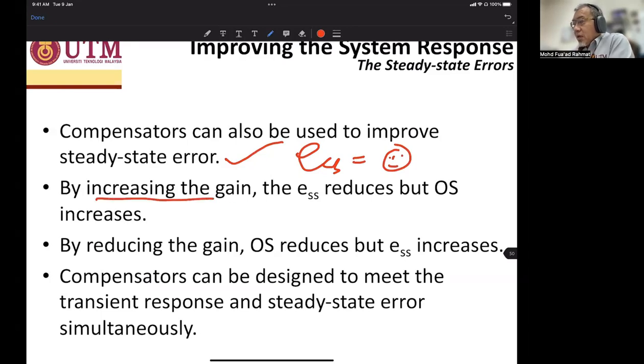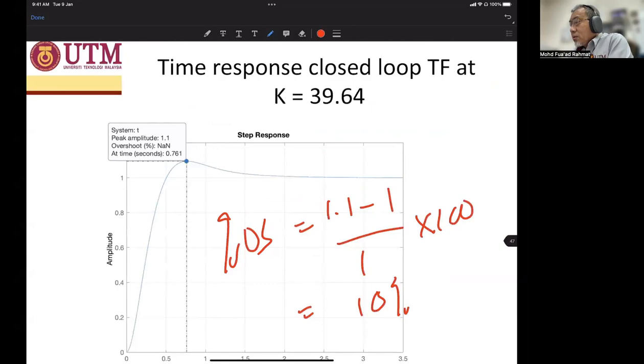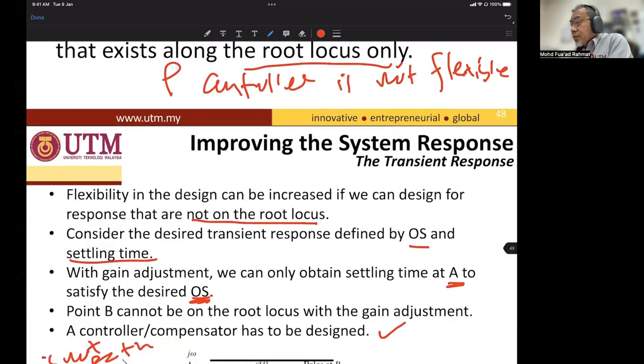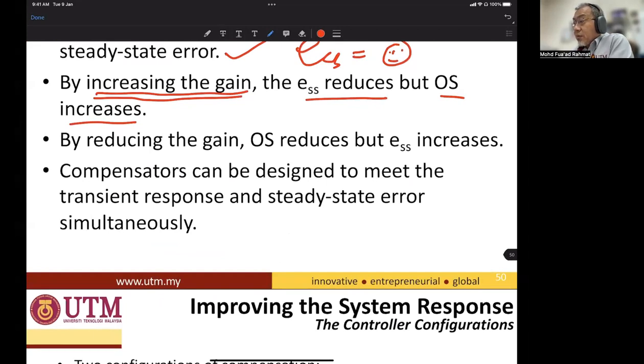By increasing the gain, just now we found that the steady state error reduced, but the overshoot increased, if you see the three graphs that I showed you just now. Compensators can be designed to meet the transient response and steady state error simultaneously. So this is the issue that we want to solve.